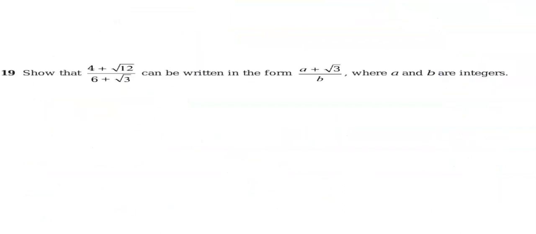Now with this question we have to show that 4 plus root 12 over 6 plus root 3 can be written in the form a plus root 3 over b. And so I take this and I multiply top and bottom by the conjugate.